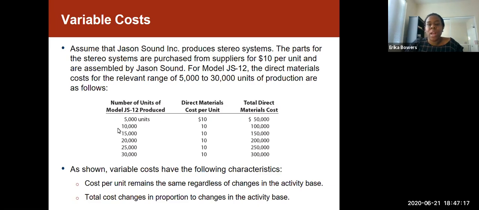If we produce 5,000 units, they're $10 a unit, so our total direct material cost is $50,000. But if we make 10,000 units, it's still $10 per unit, but the overall cost is going to double. So although the unit cost remains the same, the variable total cost is changing.